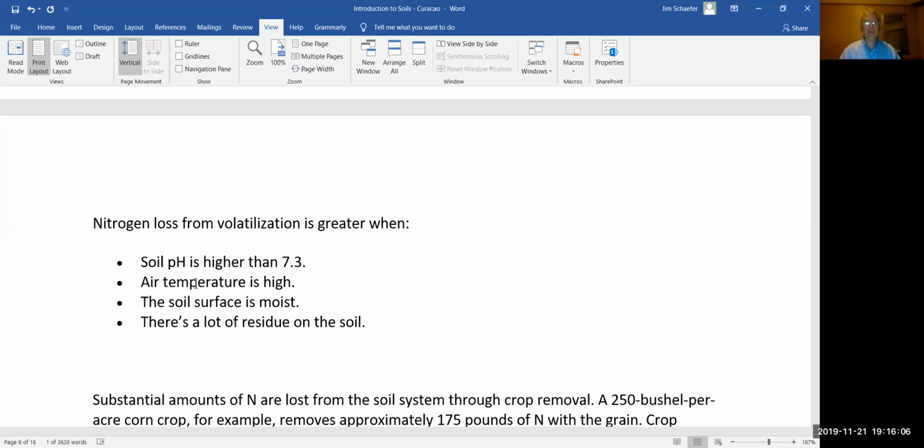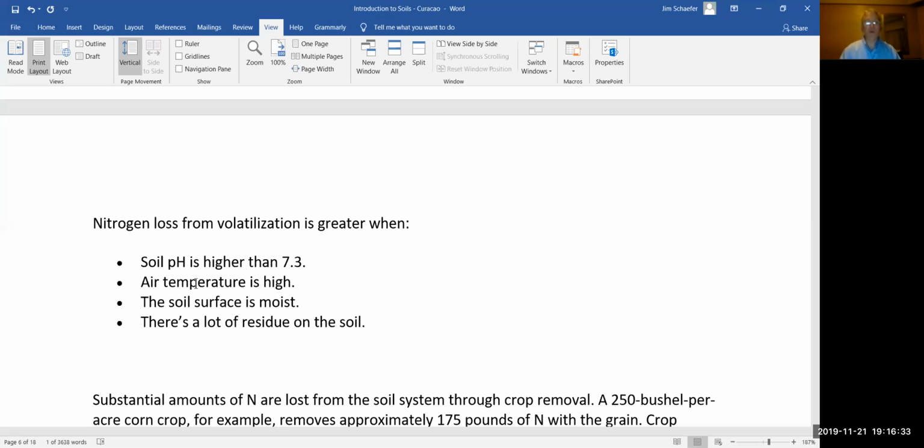Understanding that the interface between the environment of the soil and the environment of the air is actually a microclimate that you need to manage will be a benefit to you chemically, physically, and biologically.